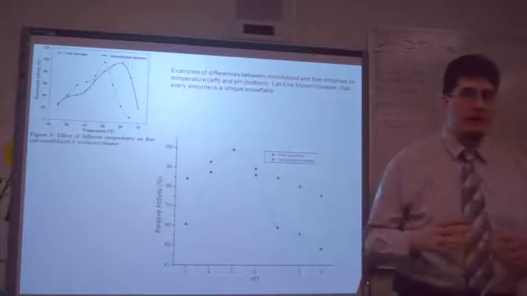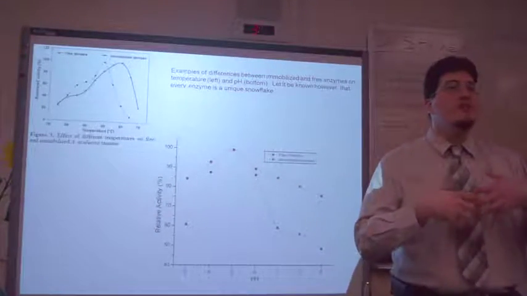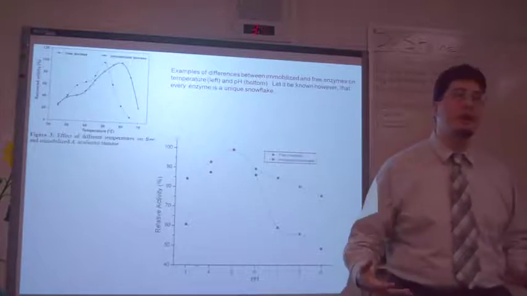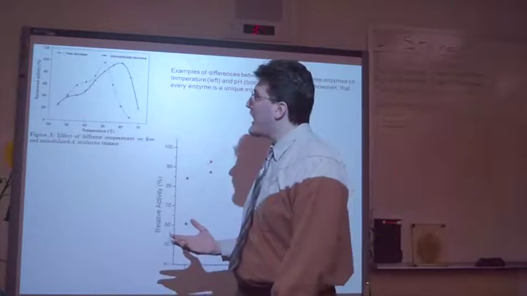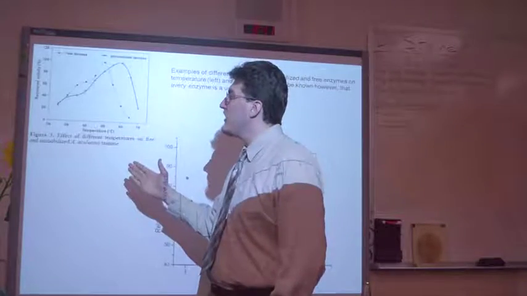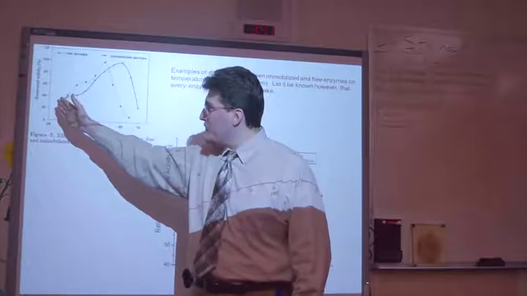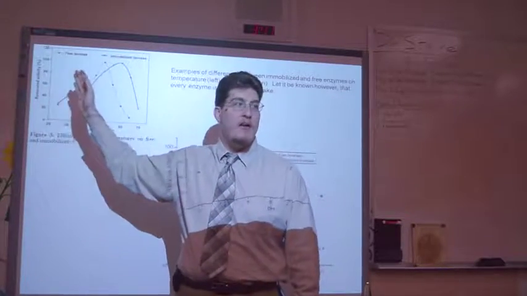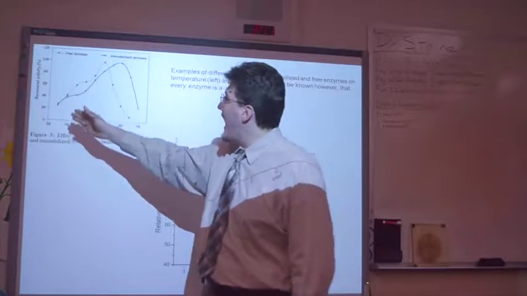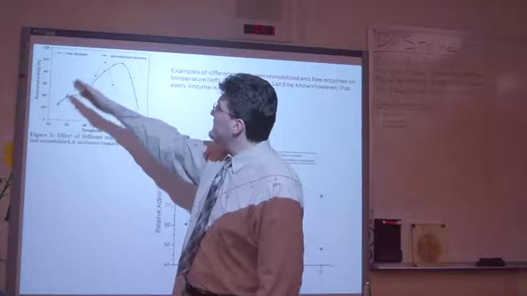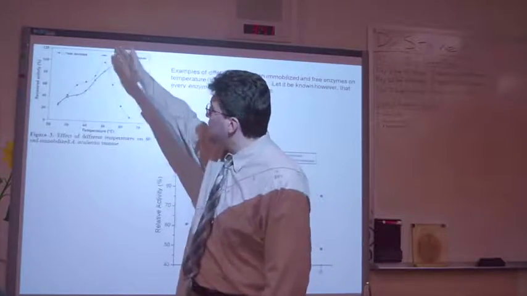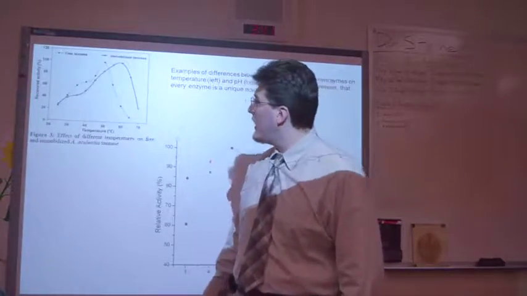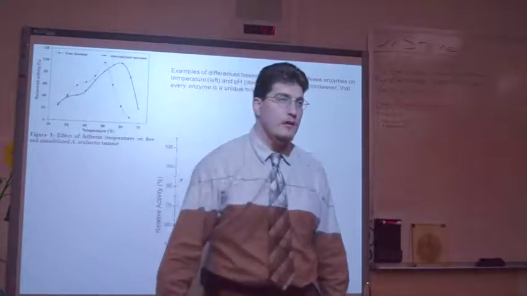If you're asked to describe and explain the results of this experiment, you would describe that free tannase and immobilized tannase at this temperature have similar levels of activity. And free tannase peaks at 50 and immobilized peaks at 60 something.